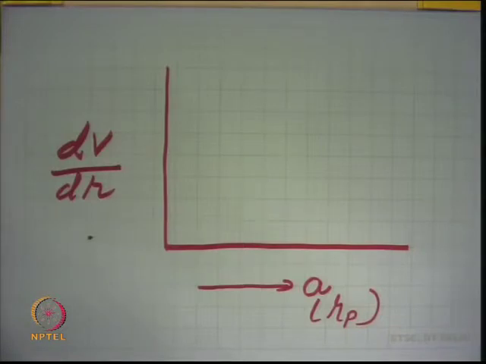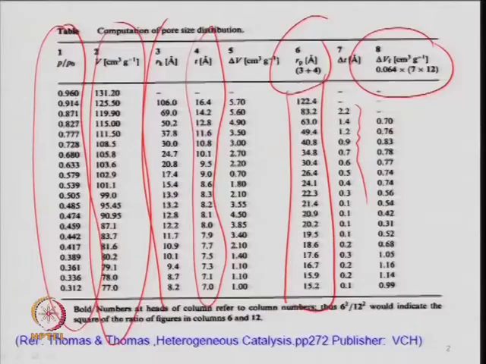This is your pressure, which is higher on this side, where even the smallest pores are filled, and at that time it will be your total pore volume, right. That will be the smallest pore which has been filled, starting from the largest pore. Desorption takes place first from the largest pore, because it is related to the radius.